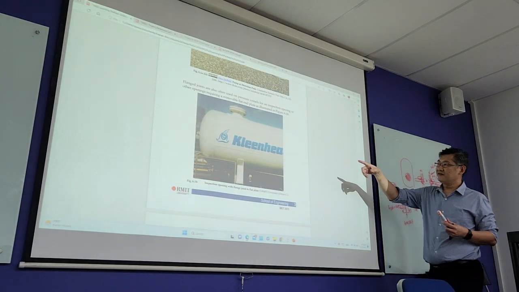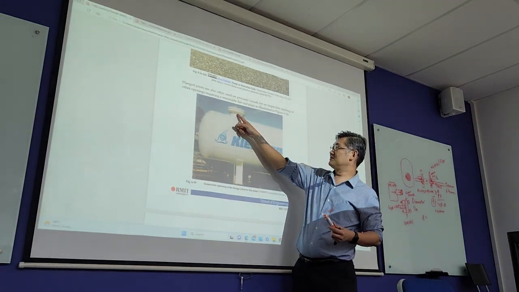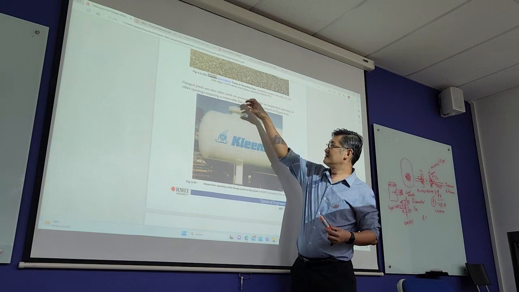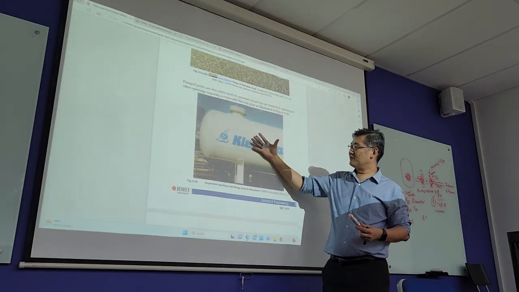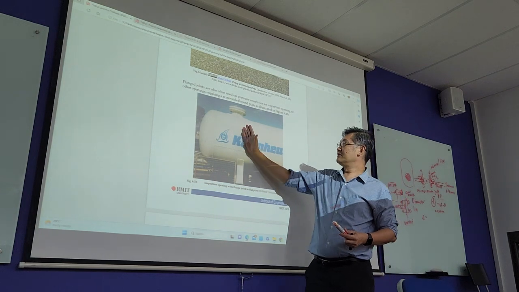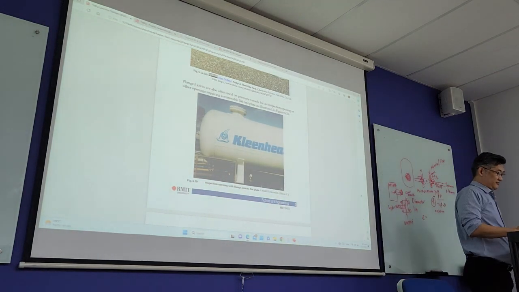And ours is very similar to this. We have a nozzle here, so the flange covers it, tightened with the bolt. When there's pressure from inside and the compressor is running, it will push against this cover plate.